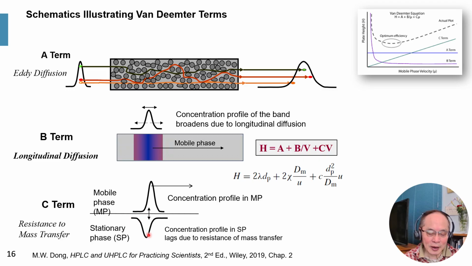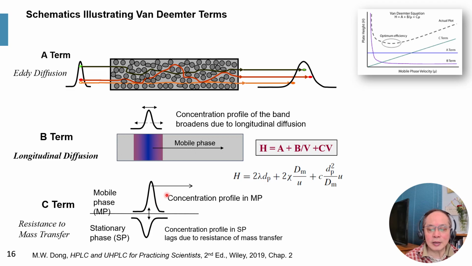There's a profile of caffeine molecules in the stationary phase, interacting with the stationary phase most of the time inside the pores. And when they are interacting with the stationary phase, they do not move. And here is the concentration profile of the caffeine molecules in the mobile phase, and they move.